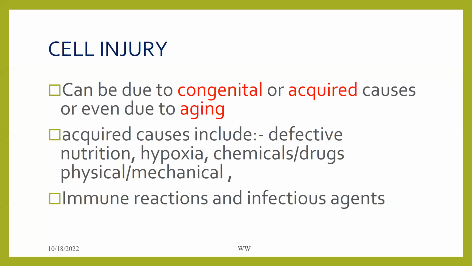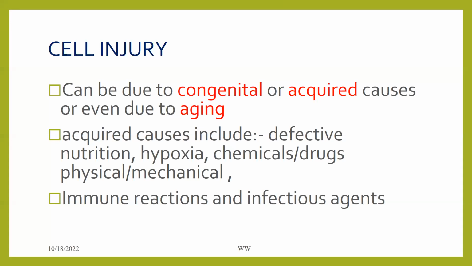That aging process shows similar features to what we see in cell injury. Therefore, when we study cell injury, what we demonstrate in cells caused by physical agents is also what we see in aging. We see that in some of the body parts due to aging.